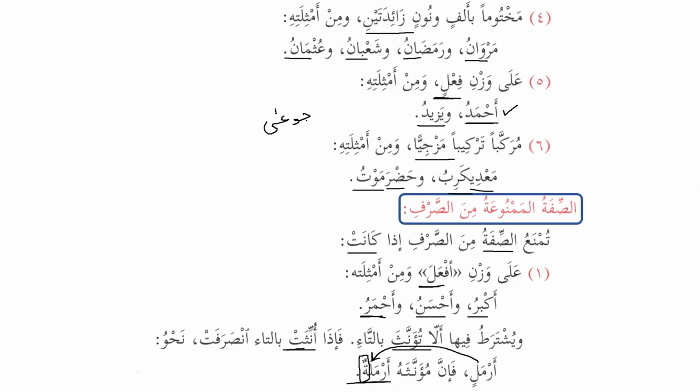So we can see that for jaw'an, the feminine does not have ta marbuta, right? So that's why jaw'an is mamnu min as-sarf. But armalun is not mamnu min as-sarf because the feminine has ta marbuta. Yeah, all right. So that's what we are supposed to focus on over here.